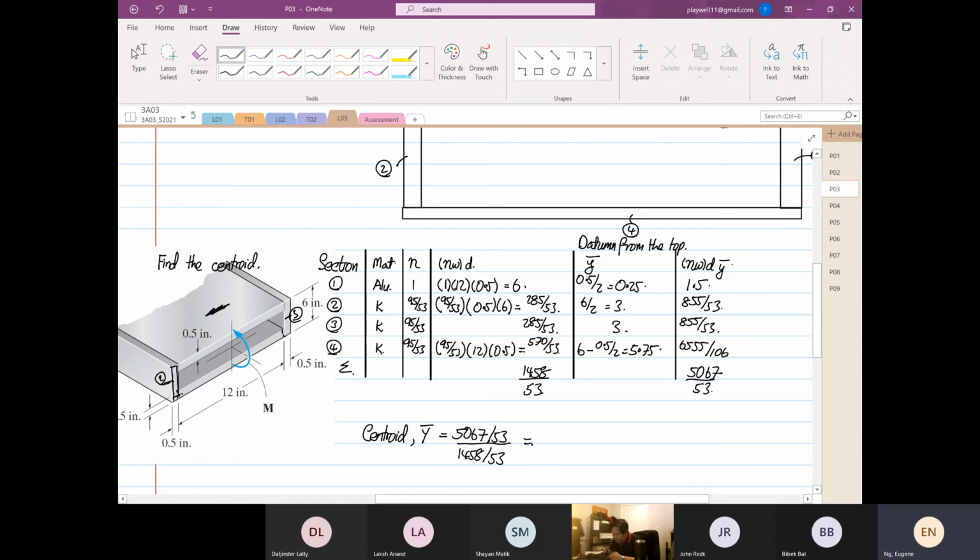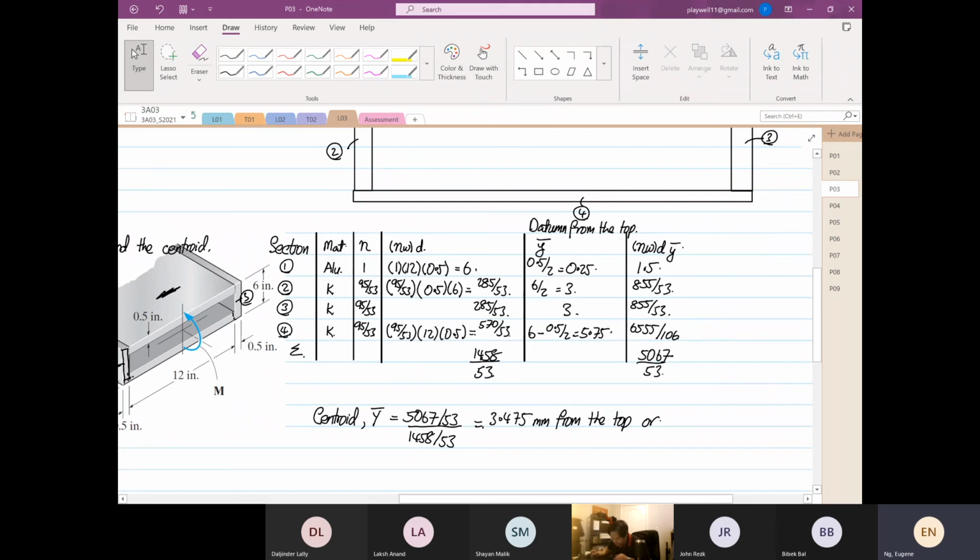So this is equal to 3.475 millimeters from the top, or 2.525 from the bottom.